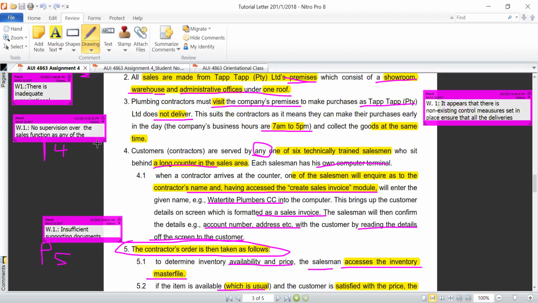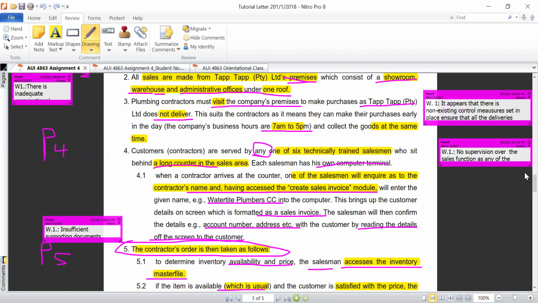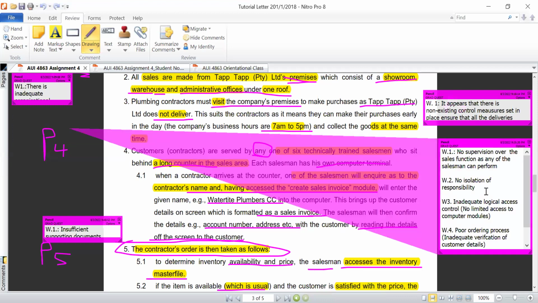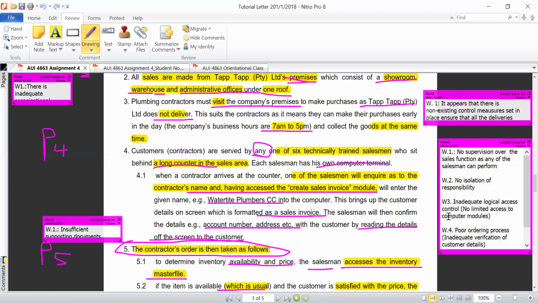Right. So here are the weaknesses which I was reading to you. No supervision over the sales function. Why? As any of the salesmen can perform the function. There is no isolation of responsibility there. Inadequate logical access, no limited access to the computer modules. I mean, they cannot just have full access to the sales system. Why? They can manipulate information.